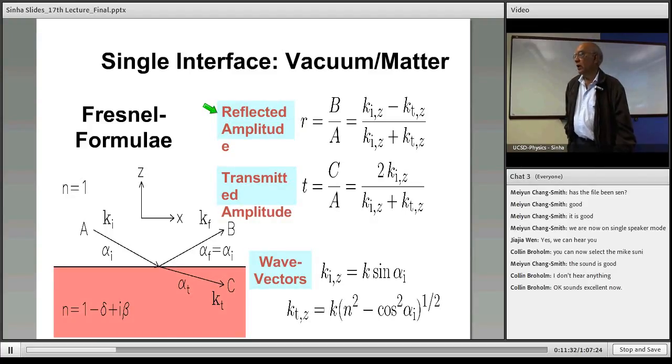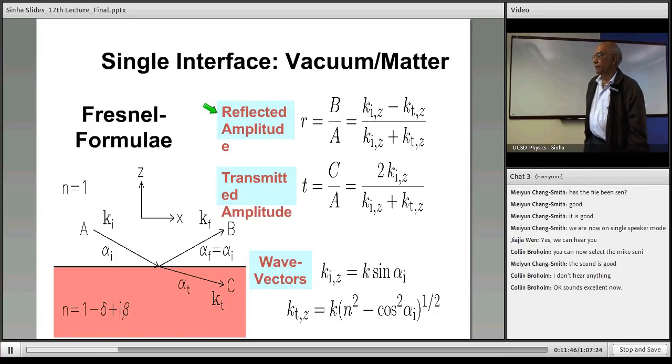So k parallel is the same on both sides, but kz can differ because in this case there's a refractive index, so we have to use nk instead of k. And when you put that all in, you find that the z component of the transmitted wave vector in the medium is given by this expression, where this is the refractive index and this is the grazing angle of incidence.